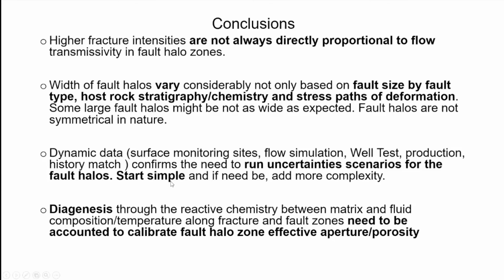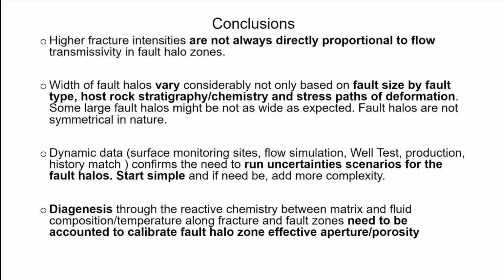Dynamic data is ultimately our ground to validate and run uncertainties on these models and minimize uncertainty through surface monitoring sites, if we're talking about seal integrity issues, and obviously in reservoir flow simulation, well test, production, and history match. Like always, starting simple is best, and we just add levels of complexity.